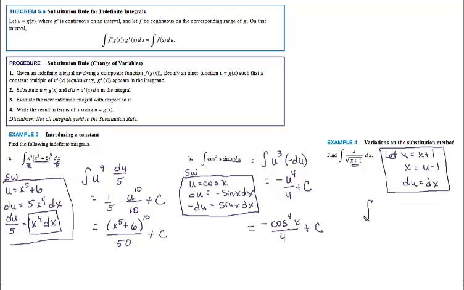These are the things I need in order to do my substitution. So I've got the integral of u minus 1, and that is u to the 1/2 power du. I'm going to bust this apart.